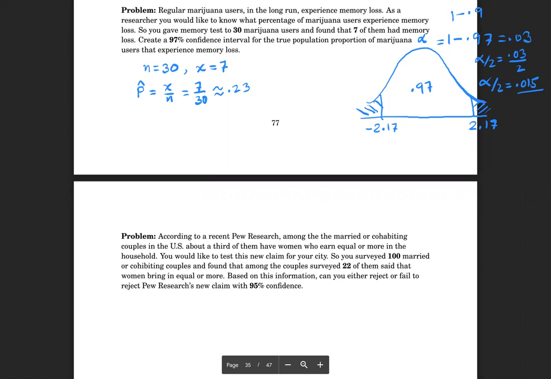So my E hat is going to be z sub alpha over 2 times the square root of p hat times 1 minus p hat divided by n, which is 2.17 times the square root of 0.23 times 1 minus 0.23 divided by 30.